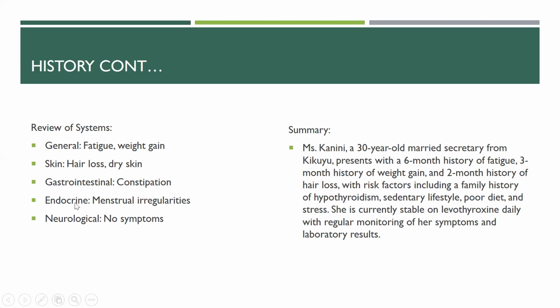Same thing for endocrine. When you say menstrual irregularities, you just mention them. And you don't say no symptoms. You say no headache, no seizures, no changes in visual, gustatory, auditory, olfactory sensations, and then you proceed.